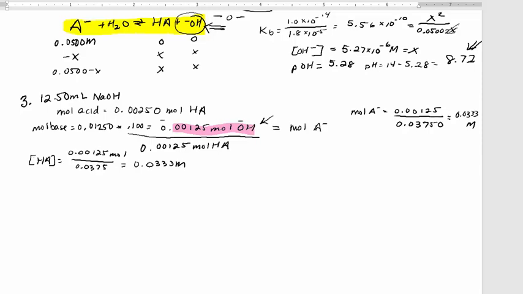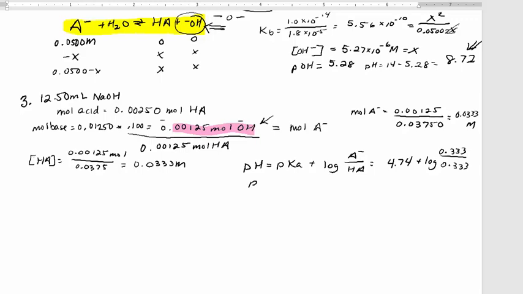Now I can use the Henderson-Hasselbalch equation, and I can calculate the pH, which is equal to pKa plus the log, the concentration of the conjugate base over the weak acid. So the pKa here is going to be 4.74, and I'm going to add to that the log concentration of the conjugate base over the weak acid.